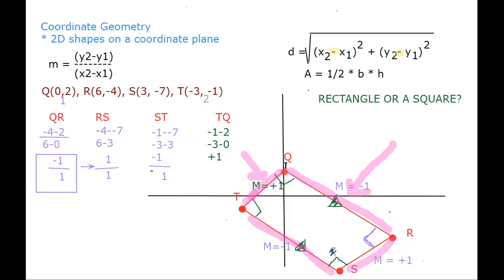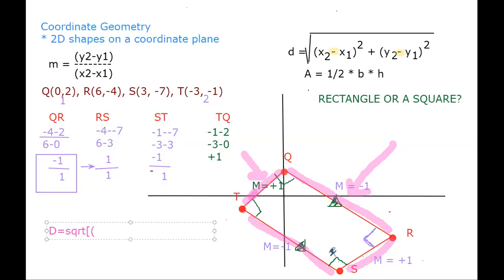So we're looking at the distance or the length of the side QT. We've already got it marked, 0, 2 and -3, -1, so we're going to use that square root. So the distance equals the square root of all of this.